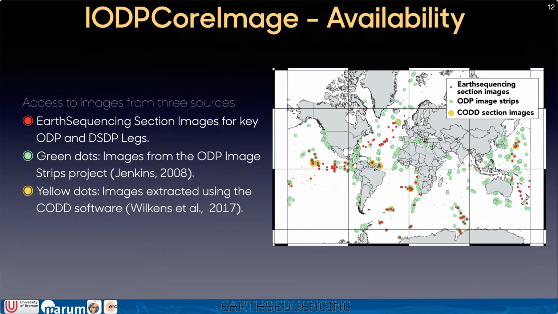The green dots include images from ODP image projects, which was a previous project from 2008, and then several cores from images extracted using the Code for Ocean Drilling software, which are shown here in yellow. I'll just briefly introduce the 3 different data types and then hand back to Heiko.